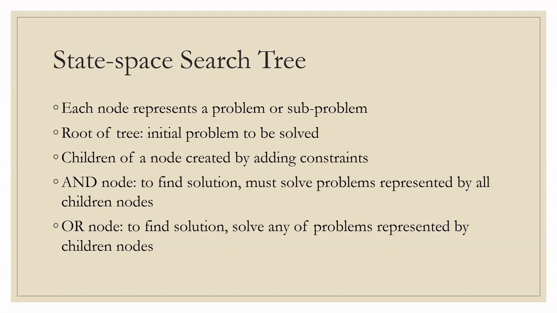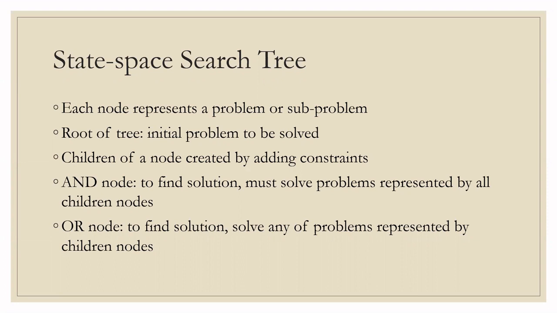In all the cases, the root of the search tree represents the initial problem, but the non-terminal nodes vary according to the kind of search tree. An AND node represents a problem or a subproblem that is solved only when all its children have been solved.